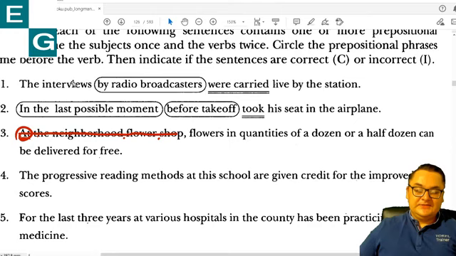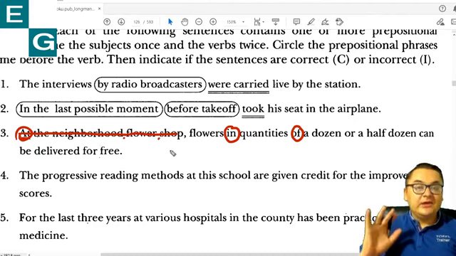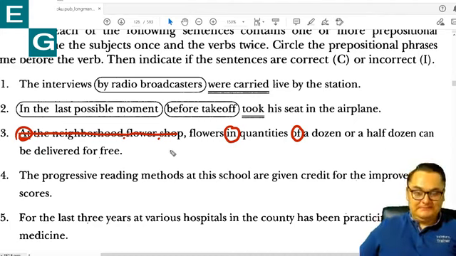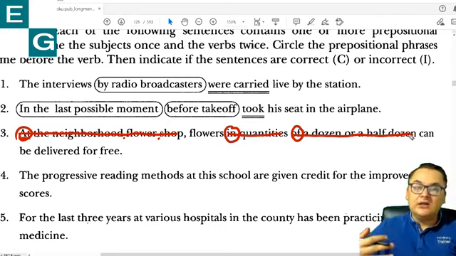What else do we have? In, of, and then I can take those and I can eliminate them. I can say, well, in quantities is not the object of the sentence. Of a dozen or half a dozen, those are objects. Those are not what I'm looking for.